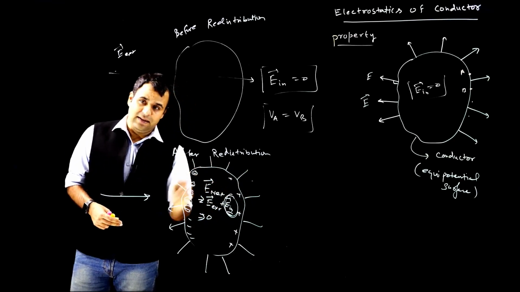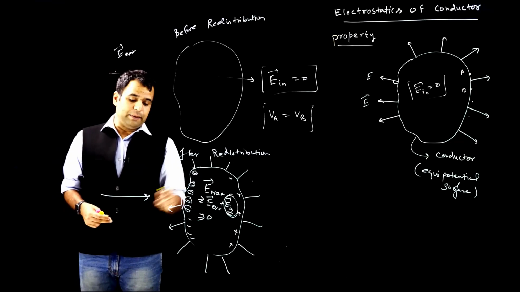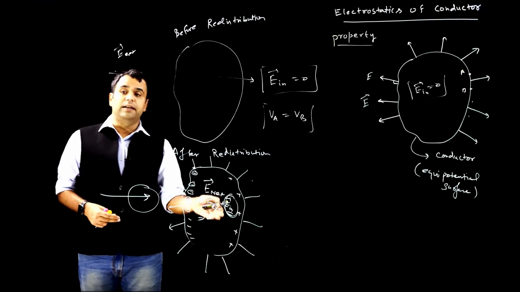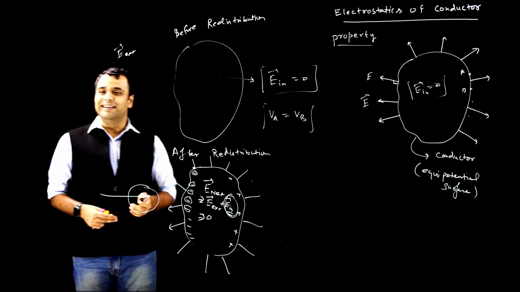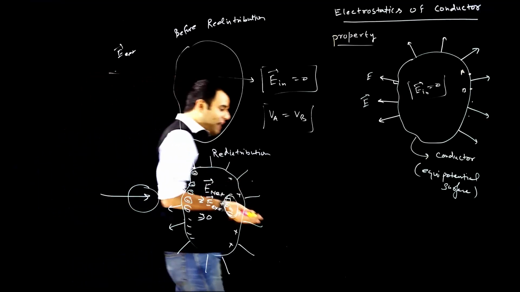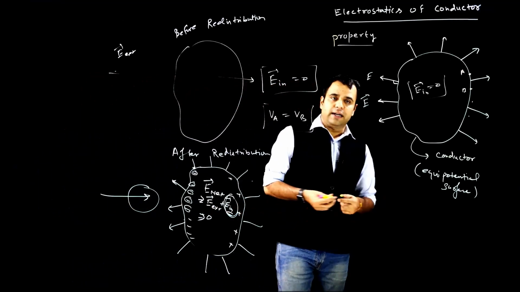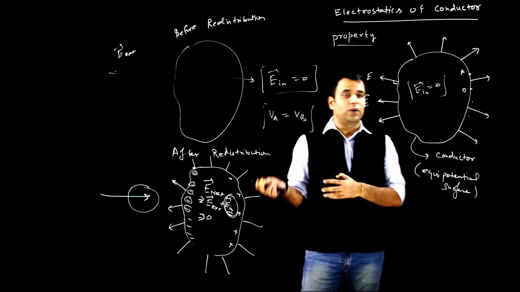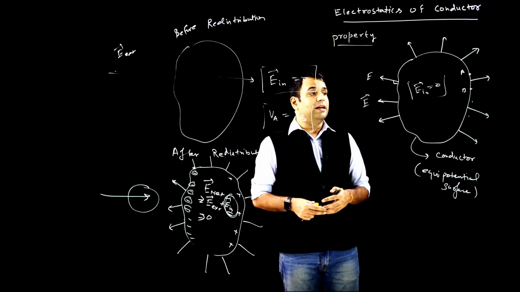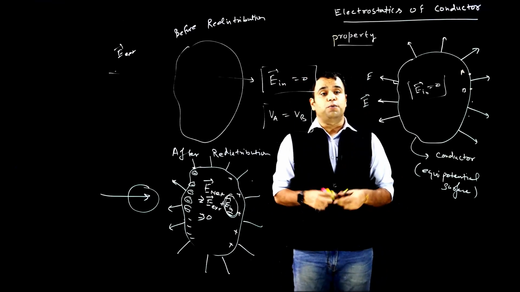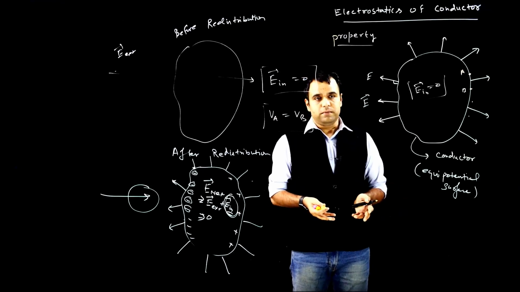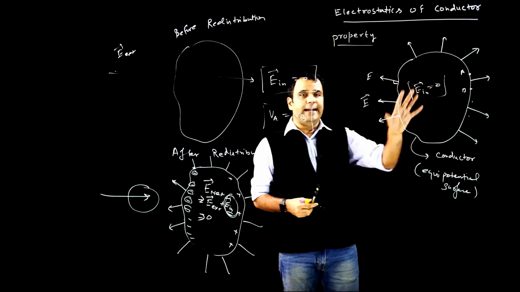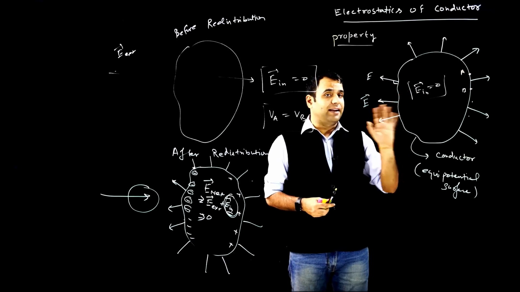This field comes from the resultant of the external field and the internal one. So if you have a conductor, whether you put it in a non-zero electric field, or in a variable electric field, or in no field, one thing is sure: inside you are not going to find any electric field.